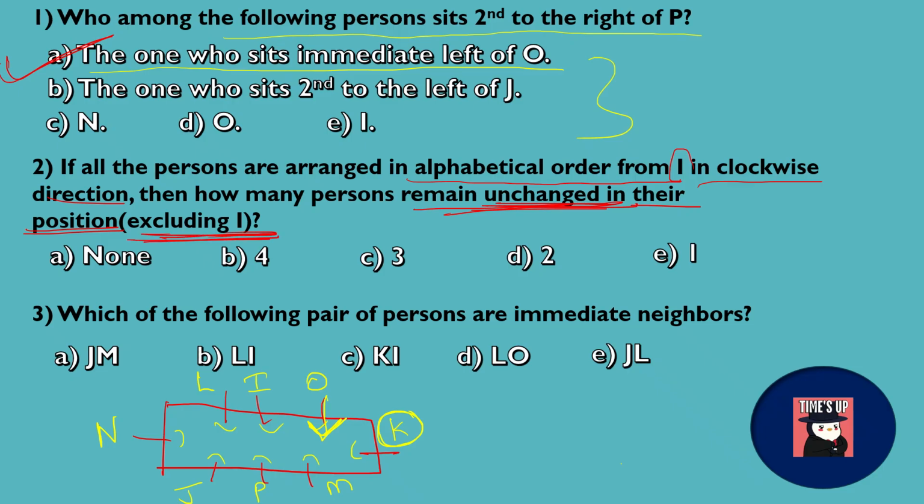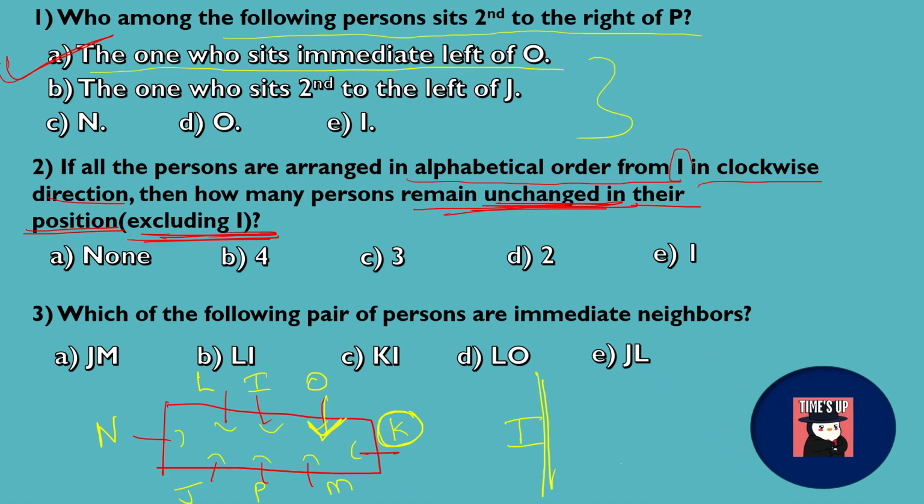So you should start from I in the clockwise direction, excluding I, and arrange them in alphabetical order in the clockwise direction. And you need to check how many persons remain unchanged after you arrange them in alphabetical order.